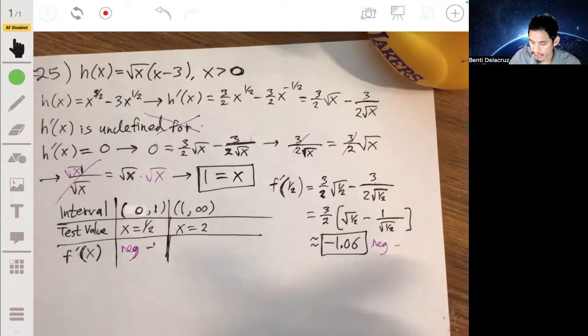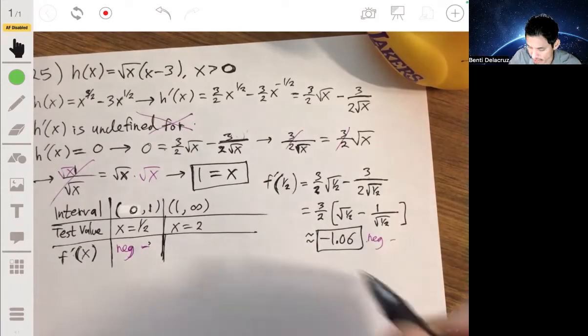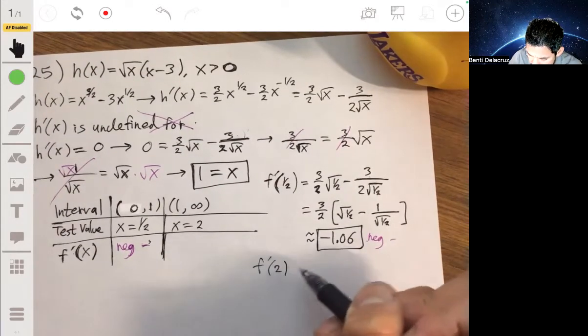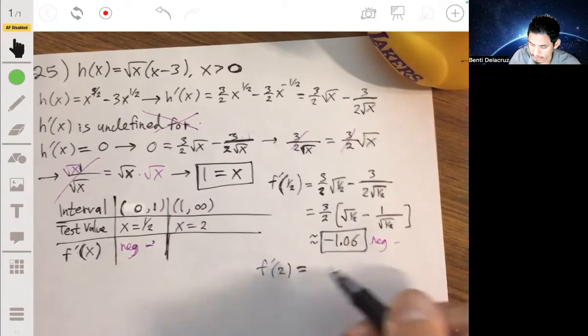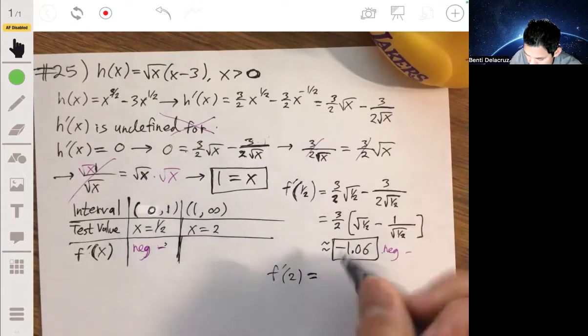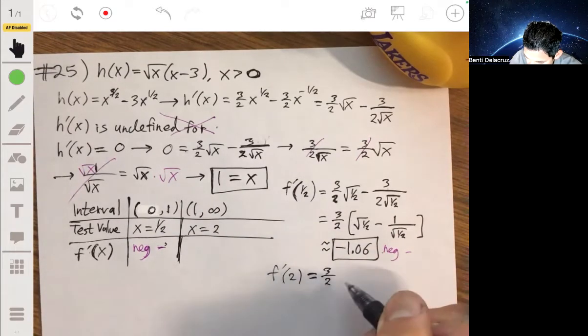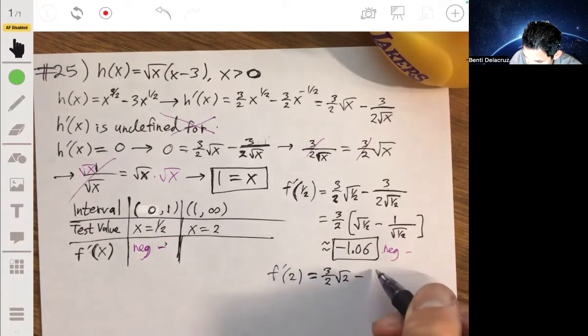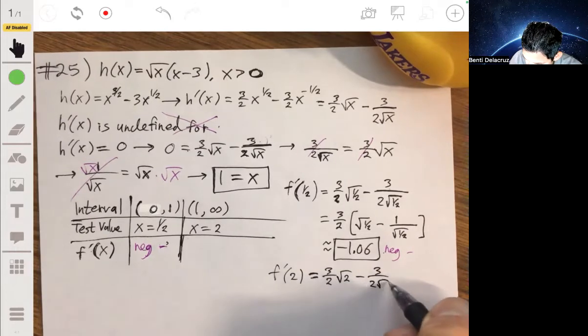Now let's see what f prime of 2 is. I want to see if it's positive or negative. So f prime of 2, just plug the 2 into the first derivative equation. So f prime of 2 would be 3/2 times the square root of 2 minus 3/2 times the square root of 2.